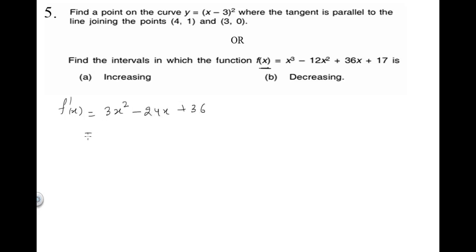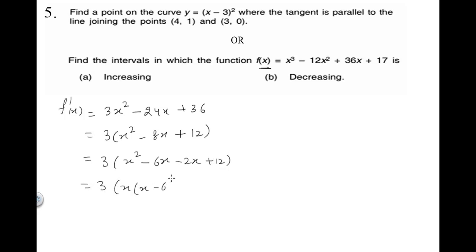Taking 3 common, we have x square minus 8x plus 12. Now, making the factors, we write 8x as 6x plus 2x, so we have x into x minus 6, minus 2 into x minus 6. So you see we have two factors, x minus 2 and x minus 6.